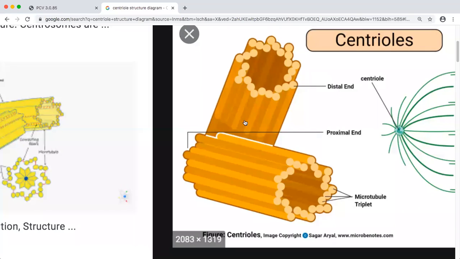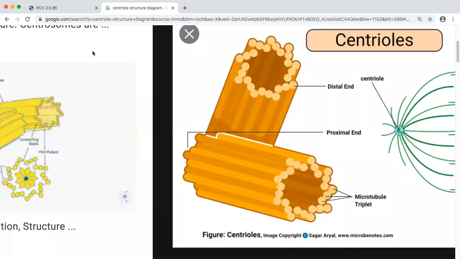So you have two centrioles. They will look like this. You are able to see that the microtubules are arranged like a triplet. This is a microtubule, this is a microtubule, this is a microtubule. These three together we call a triplet. How many triplets are you seeing? 1, 2, 3, 4, 5, 6, 7, 8, 9. Nine triplets are arranged in a spherical manner like this.